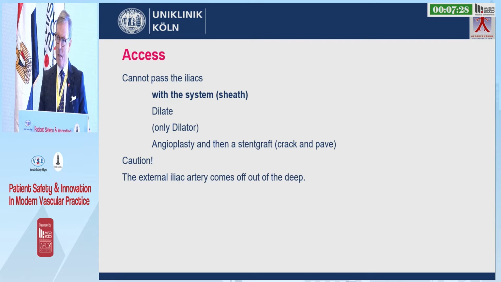Now, this mostly happens in the iliac arteries. Either you have a stenosis where the takeoff of the external and the hypogastrics are, or you have it up in the aortic bifurcation. In the aortic bifurcation, it's normally not a big deal, but be careful because the hypogastric artery goes off in the basement, so to speak.